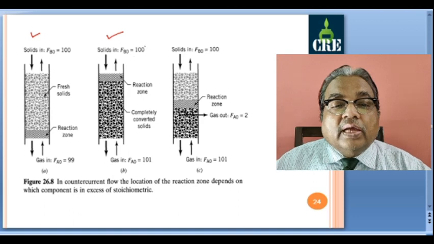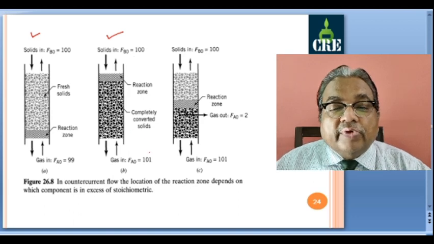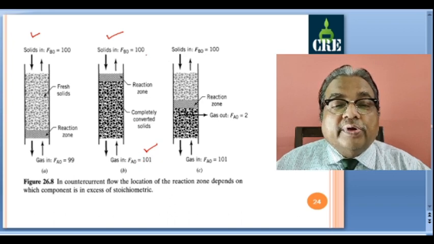Here I am considering the second case where I am supplying more than the stoichiometric requirement. So, this is always available, as this is 100 and this is more than this. So, in this reactor gas is always available in excess.